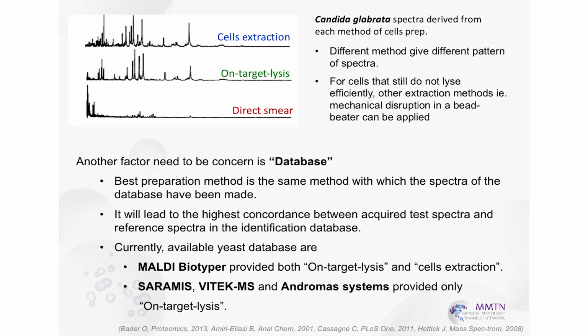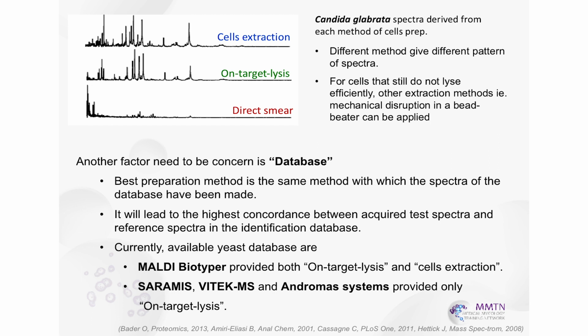How about this one? With the different processes of sample preparation, cell extraction has a good peak, right? On-target lysis has a good peak. But for the direct smear, it's very user-friendly, but how about the peak? It's not so good. So how can we analyze?